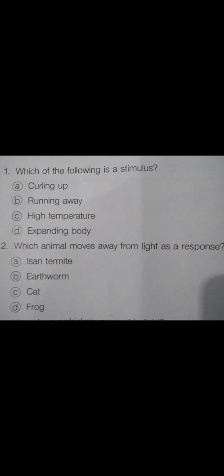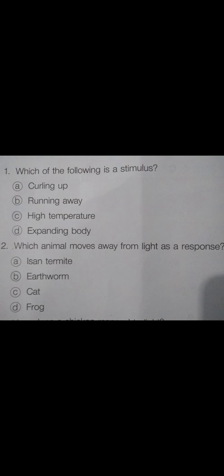A, curling up. B, running away. C, high temperature. D, expanding body. Again, which of the following is a stimulus?